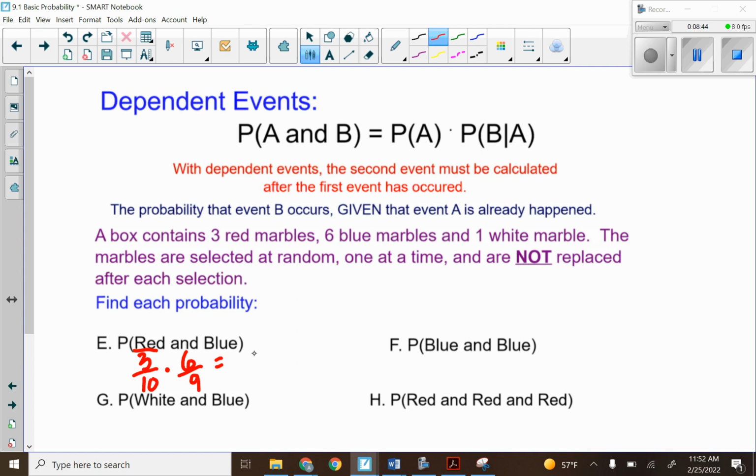And then we multiply. 3 times 6 is 18 over 10 times 9 is 90, which equals 1 out of 5.